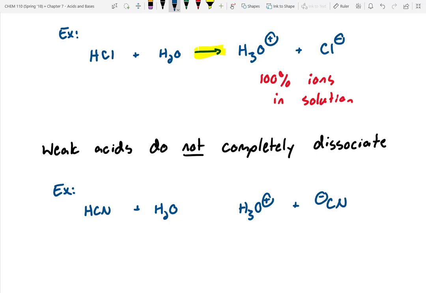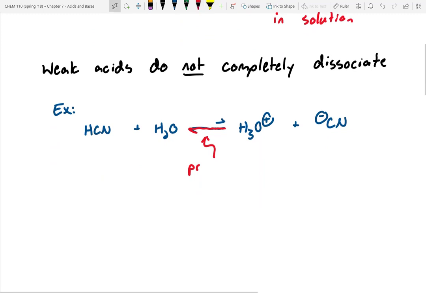This time, though, it doesn't really want to form the products. And so what we do oftentimes as chemists is we show a little itty-bitty single-headed arrow like that, and then a big single-headed arrow pointed the other direction. And what this basically indicates is that it prefers to stay as starting materials.